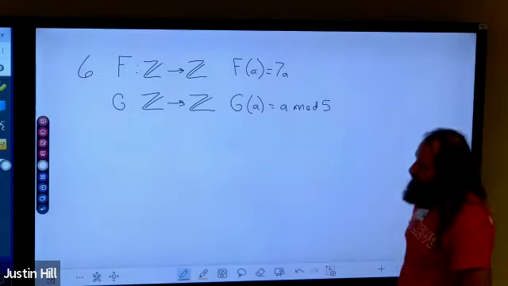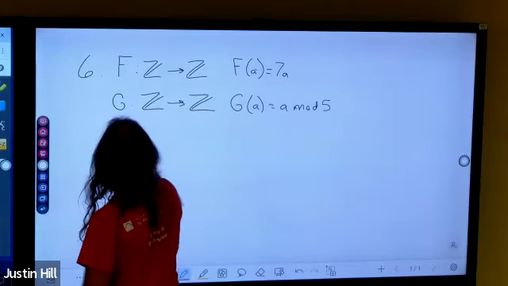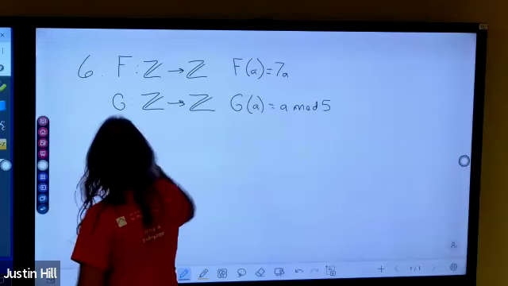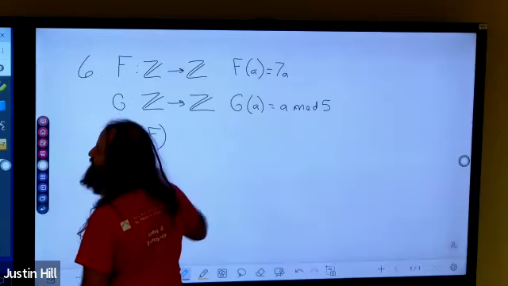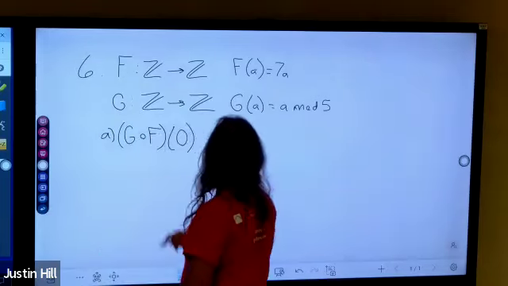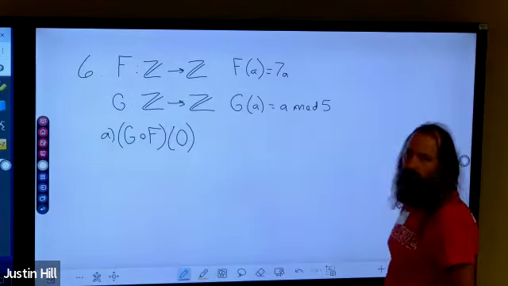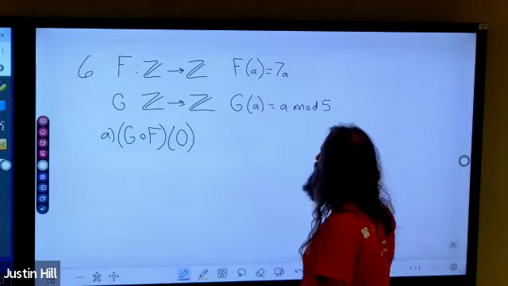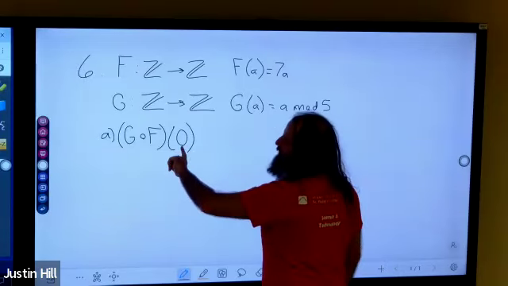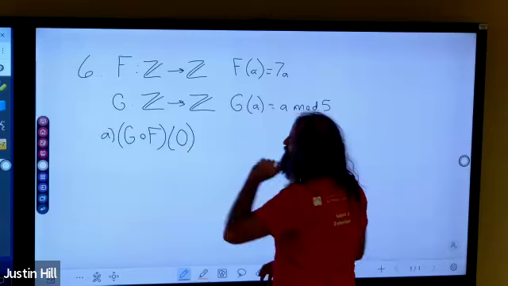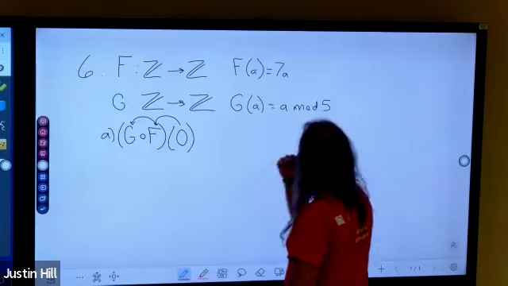Good. And then we had several things to find here. Let's do these in parts. They didn't list it as A, B, C, D, but I'm going to do that just to visually give some separation. So we got g compose f of 0. G is throwing in that little mod 5 that we got used to in the last section, 7.1. If I give you a specific number, then all I'm going to do is plug 0 into f, and whatever result I get there, I'm going to plug into g.